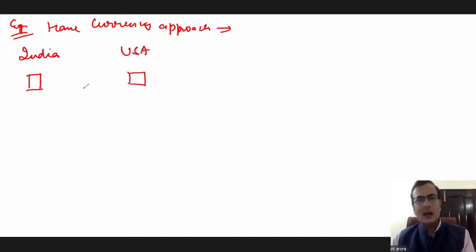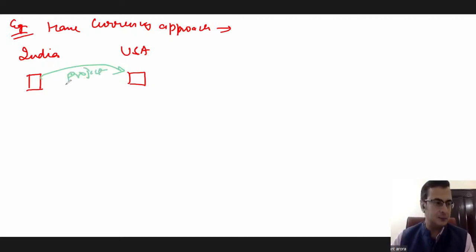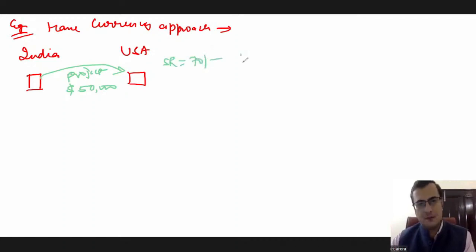India wants to invest in USA, the opposite thing. India wants to invest in USA in a project that is worth, say, $50,000. Currently, the spot rate is, let's take an example, 70. Means $1 is equal to INR 70.